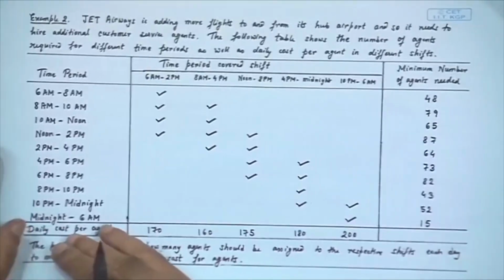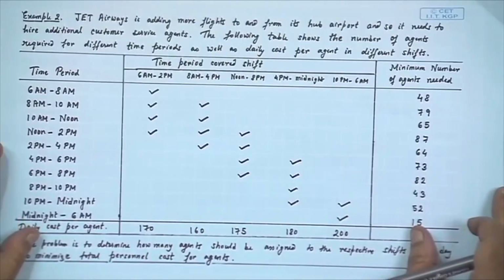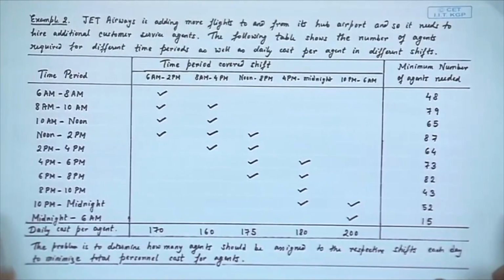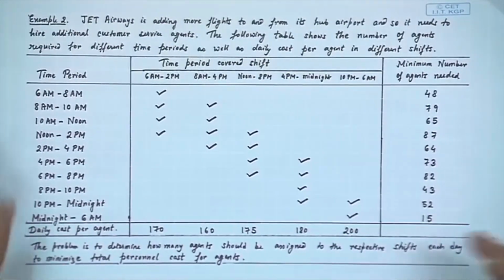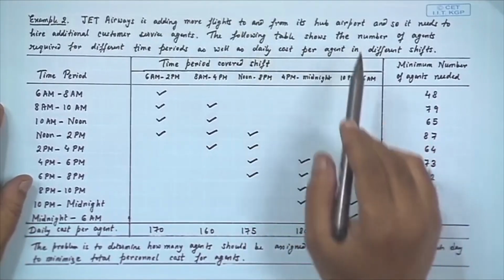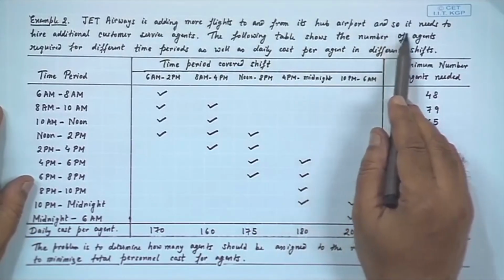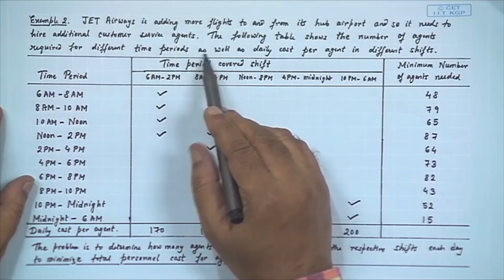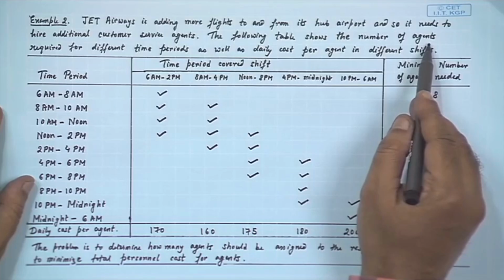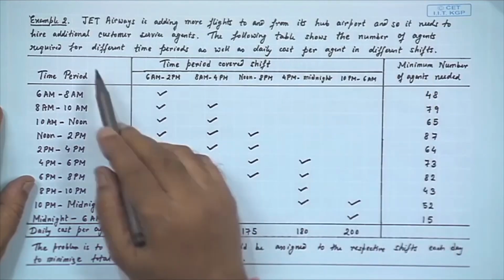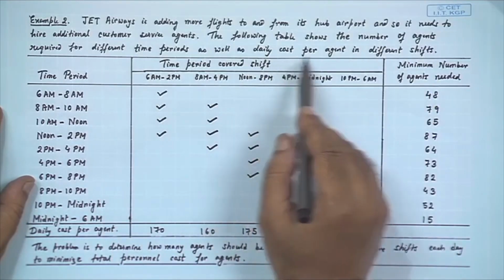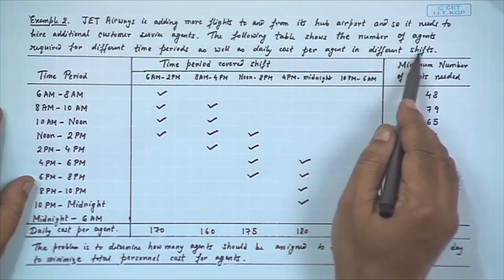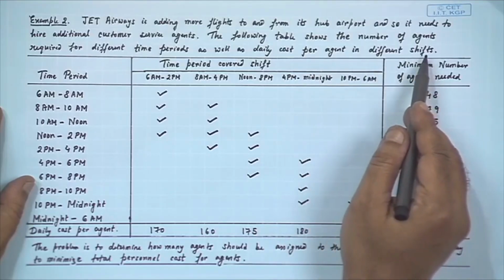Let us take one more example, so that it is clear to you. The second problem is, Jet Airways is adding more flights to and fro its hub airport, and so it needs to hire additional customer service agents. The following table shows the number of agents required for different time periods as well as daily cost per agent in different shifts.